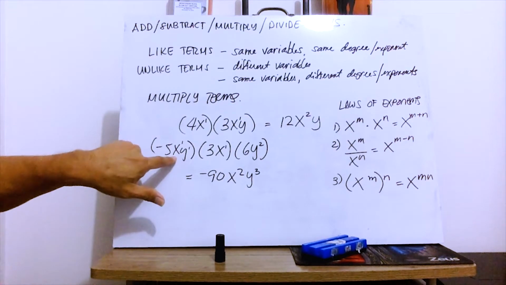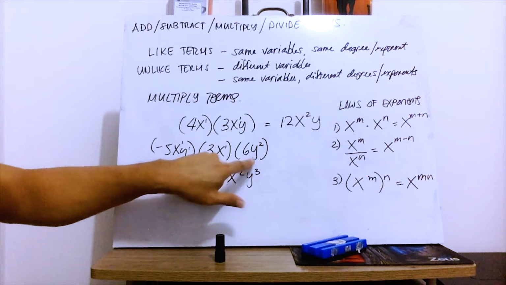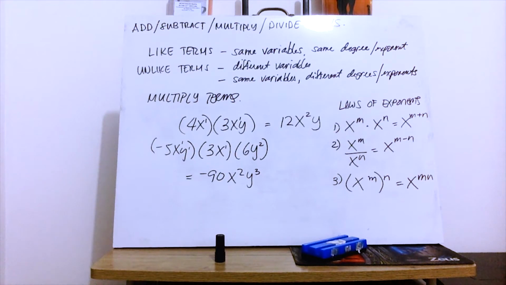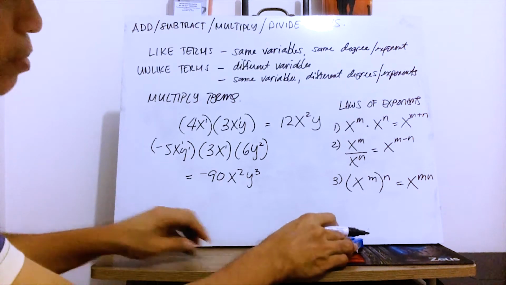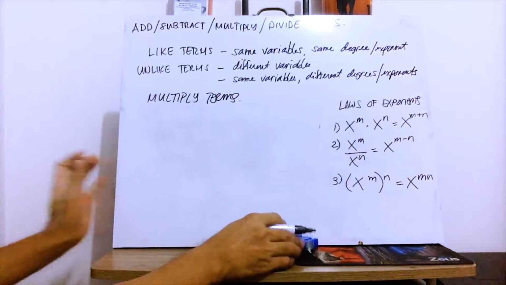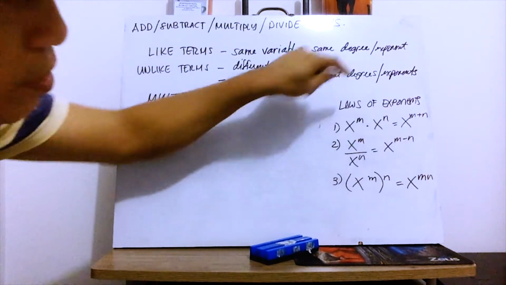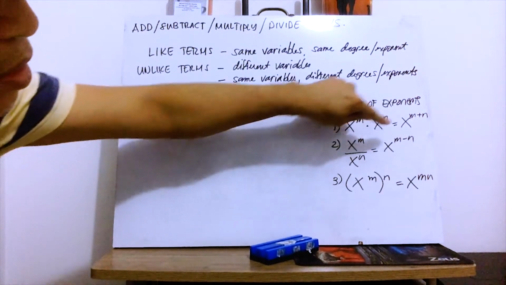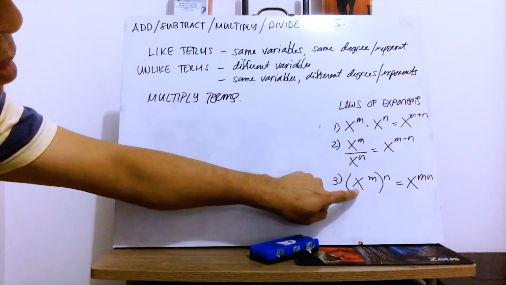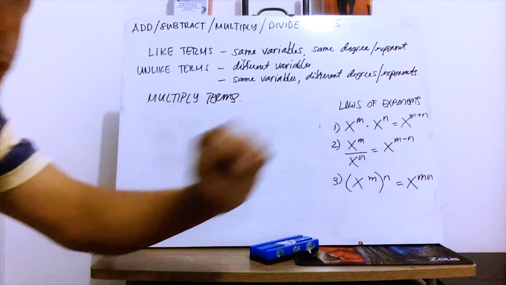Check. x1, x1, x2. y1, y2, y raised to 3. Okay. Another example. Just remember the laws again. Same base, different exponents, add. Same base, division, subtract. Just one term, raise it to another power, multiply the exponents.